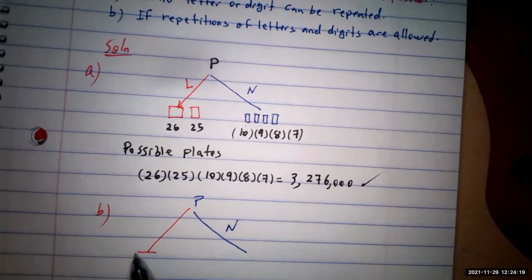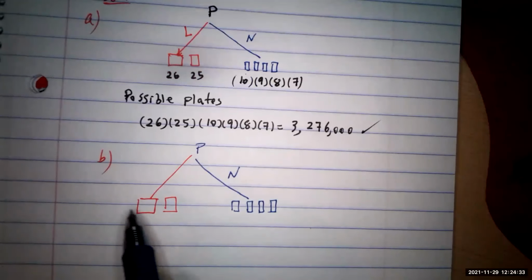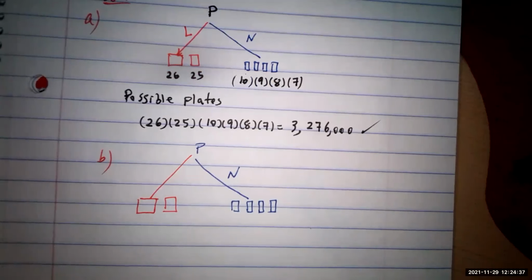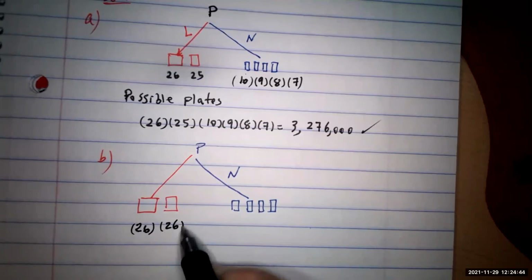For the letters this time, that's a letter, and these are going to be the numbers 1, 2, 3, and 4. The first choice over here is going to be 26. Since the repetition is allowed, you can use 26 again in here.